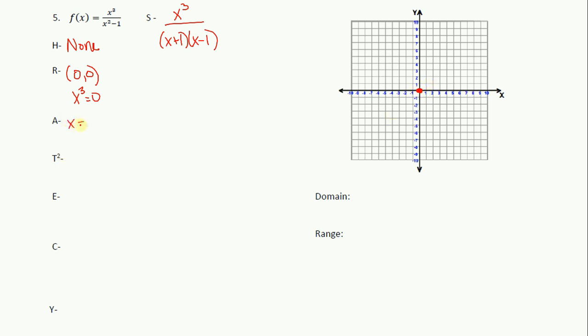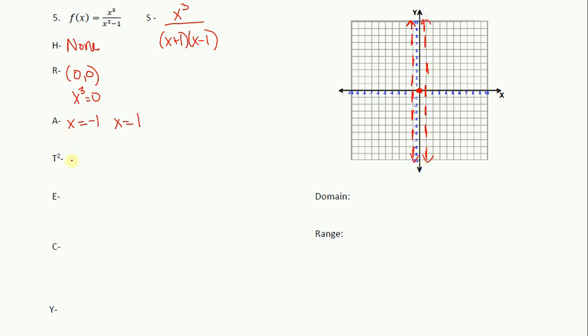Asymptotes, it looks like I have 2 of them. One located at -1, one located at 1. So it looks like we have a 3-zone problem here. Okay.